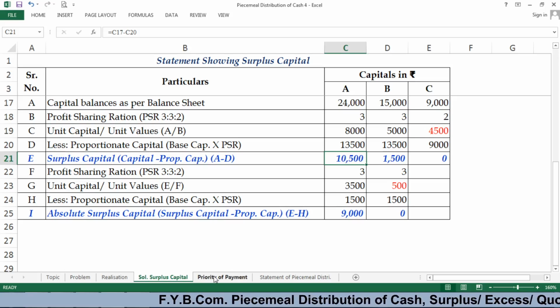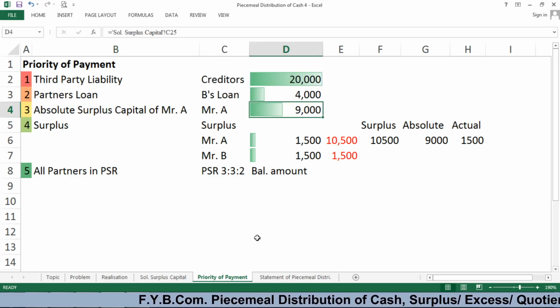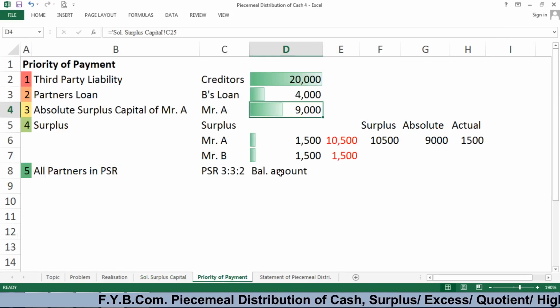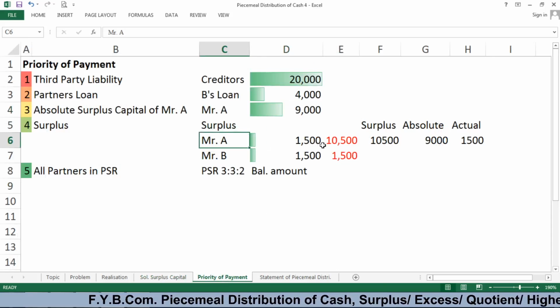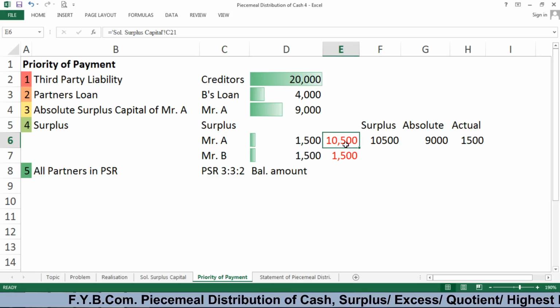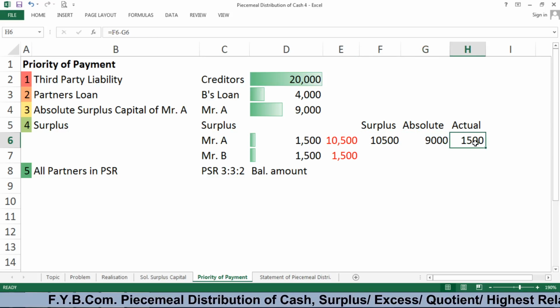But in the earlier step, that is absolute surplus, we have already paid 9,000. So Mr. A has a right to receive 10,500, but he got 9,000. That means actually he will receive 1,500.